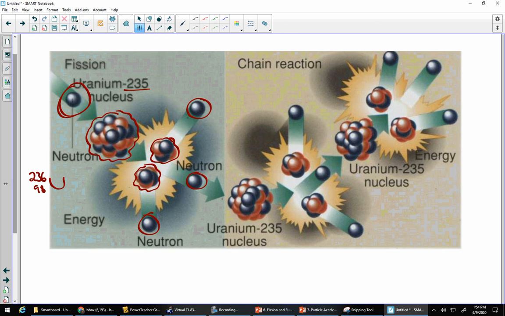If it takes one neutron to interact with one nucleus, and each reaction gives off 3 neutrons, each reaction can make 3 more fission reactions happen, and the next one splits apart 3, and so on and so on. It goes crazy really quickly.